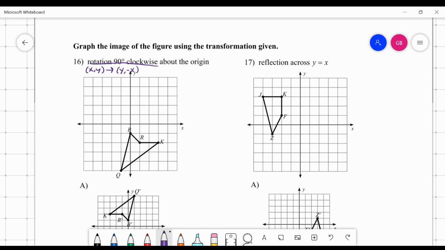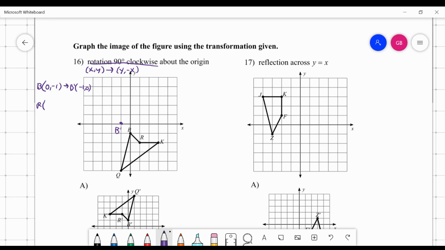Okay, so if B is (0, -1), then B prime is (-1, 0).